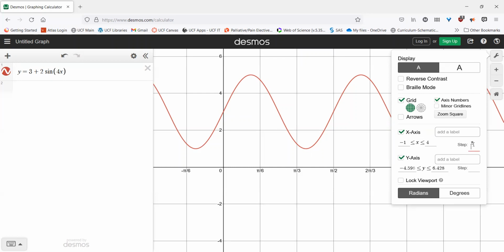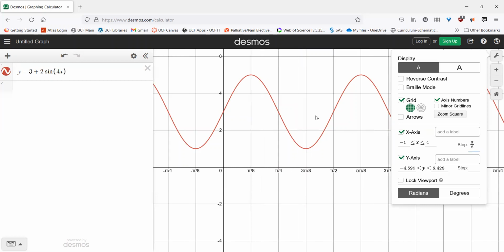So pi over 2 is probably a little bit too big. We could do pi over 6, which is where it was at. Pi over 8, if you look at that, lines up really nicely because then my line lines up with my peak and my low part here. So it's just up to you. There's no real right or wrong here. Just get a scale that looks good to you.